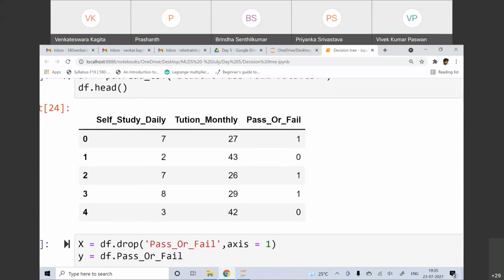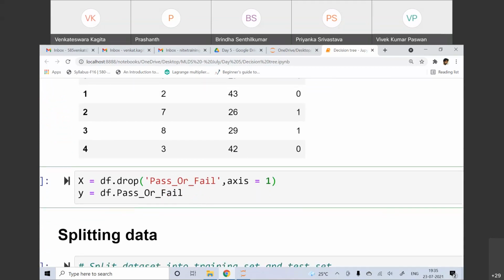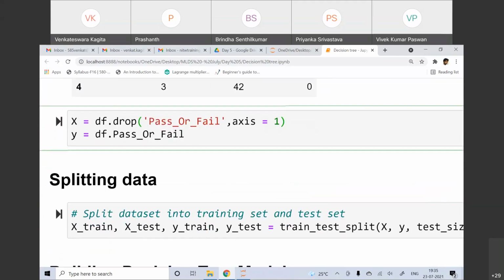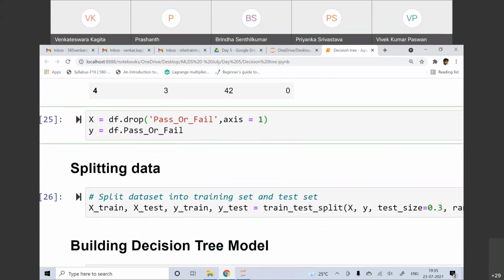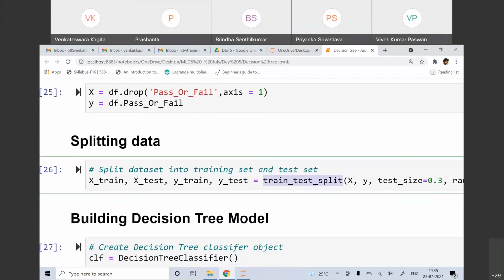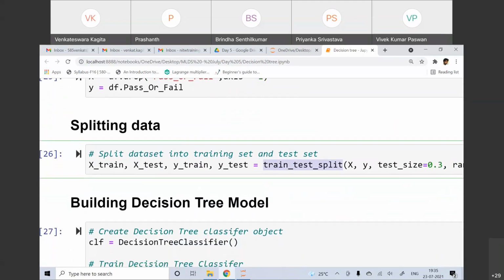Pass or fail is the class. I'm preparing the data set here, dropping the last column, the remaining things are X, and just the last column is Y. I'm dividing the data into training and testing using train_test_split. 30% is the test set and the remaining is the training data. So I've got X train, X test, Y train, Y test.